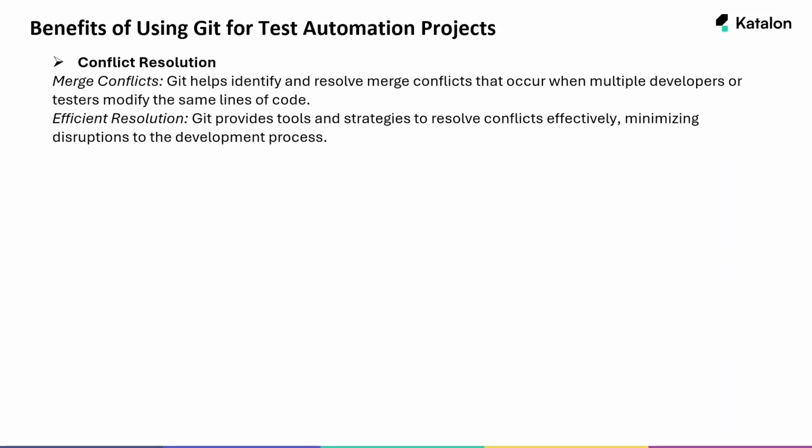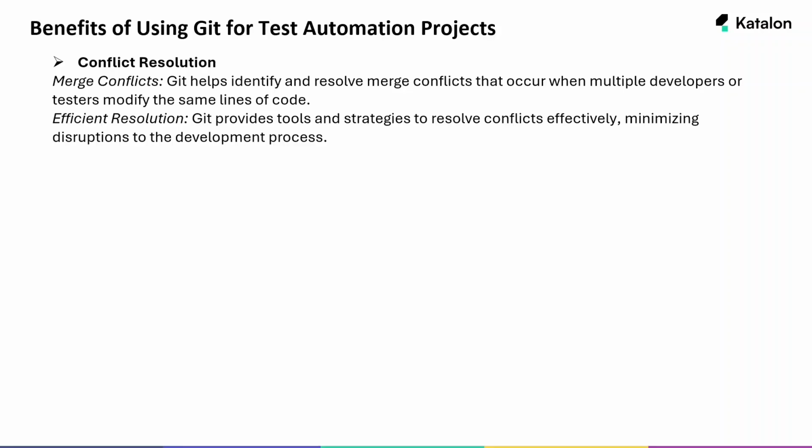Conflict resolution. Merge conflicts. So Git helps identify and resolve merge conflicts that occur when multiple developers or testers modify the same line of code. In that case, when you push the code to the Git, then there will be a merge conflict.